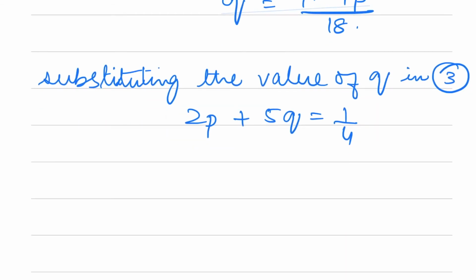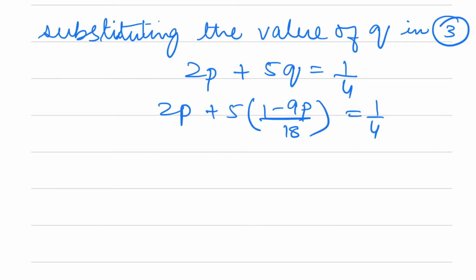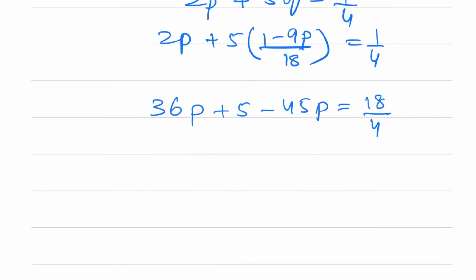So now 2p plus 5 into (1 minus 9p) by 18 is equal to 1 by 4. So taking the LCM, 36p plus 5 minus 45p is equal to 18 by 4.